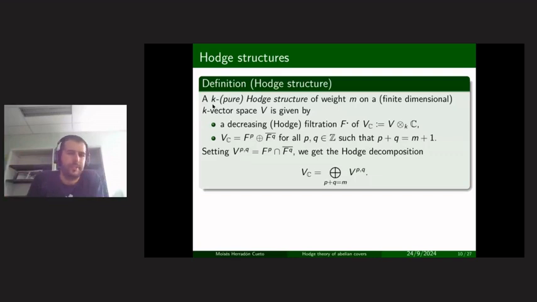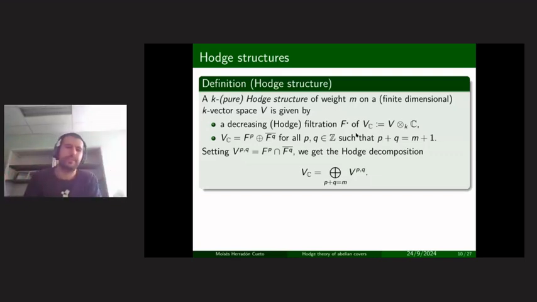So I have a field which is Q or R, and a Hodge structure over this field is a vector space with some extra stuff, and it has a weight, which is an integer. And the extra stuff, like I'm saying, I don't care exactly what it is, but I want to show that it's concrete. So what it is is a filtration on the complexification.